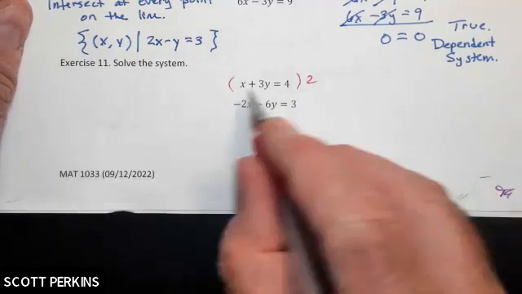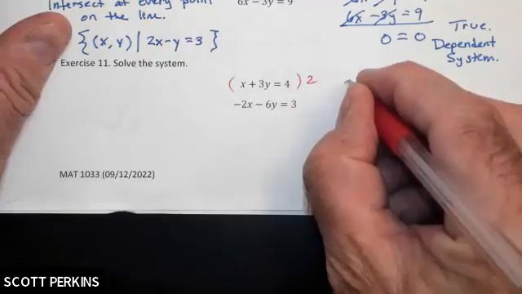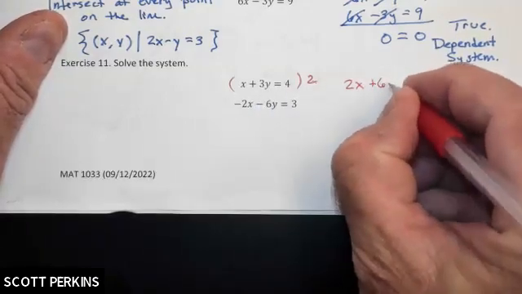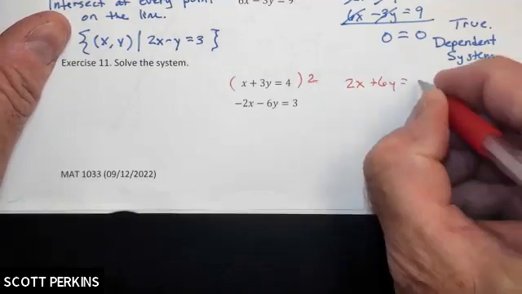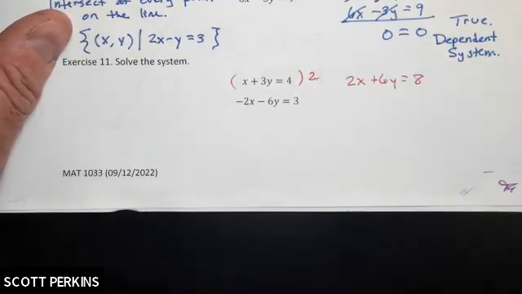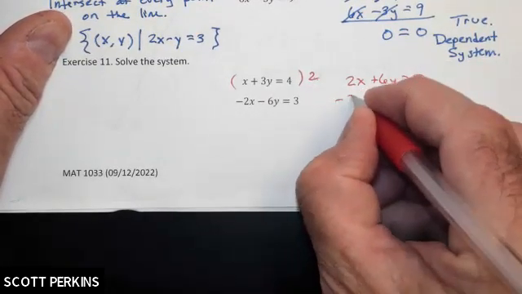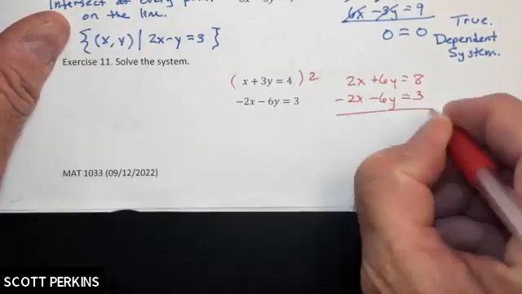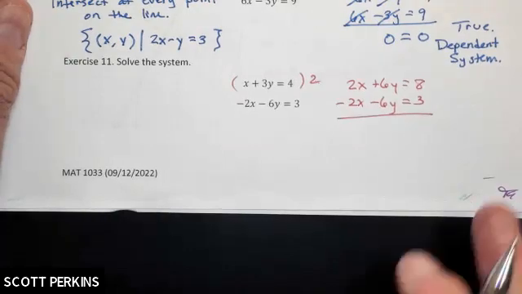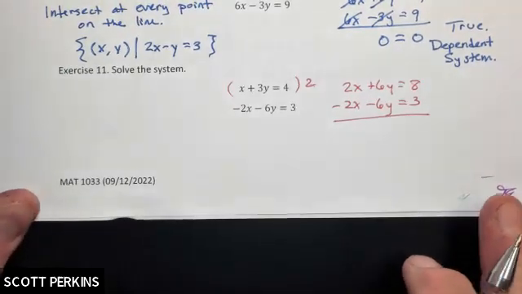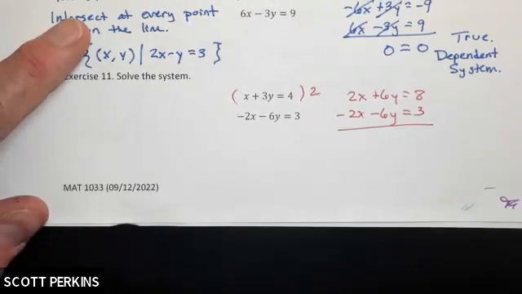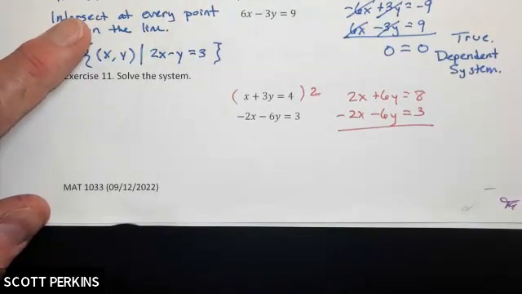So what that gives me in the top equation is 2 times x is 2x, 2 times 3 is 6y, and then 2 times 4 is 8. The bottom equation is negative 2x minus 6y is equal to 3. I'm going to give you a second to get caught up so that you can see the difference in conclusion on this problem versus the previous one, and then you'll be free of me for another day.